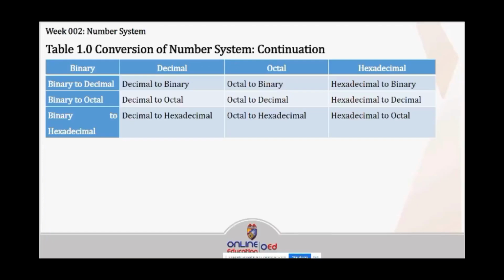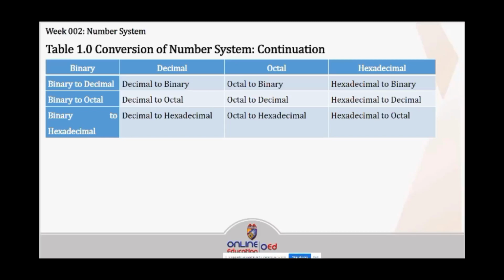We are going to study the different conversions of the number system. We're going to start with binary to decimal, followed by binary to octal, and then binary to hexadecimal. For the decimal, we're going to convert decimal to binary, decimal to octal, and decimal to hexadecimal.